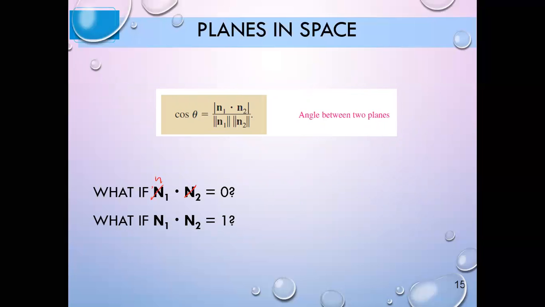So this is little n, and this is little n and little n. Okay. What if the dot product of the two normal vectors is 0? What does that tell you about the planes? They're perpendicular, yeah? They're perpendicular, yeah.